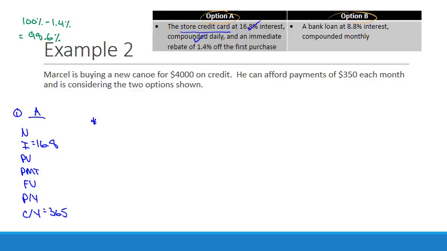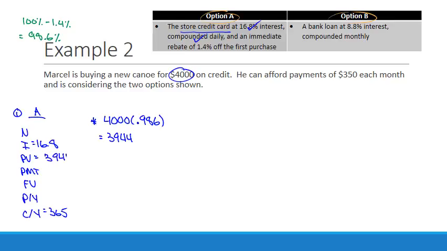So I'll do that real quick over here. He is buying this new canoe for $4,000, but we're going to multiply it by 0.986, which is going to represent the 98.6%. And that works out to $3,944. So instead of paying $4,000, he gets to pay a little bit less.